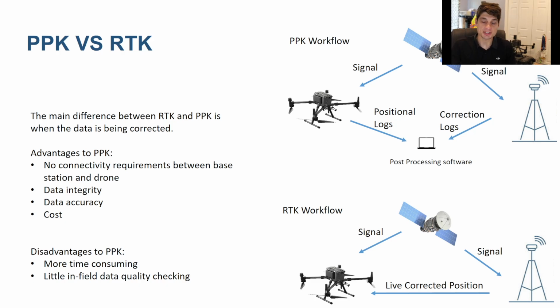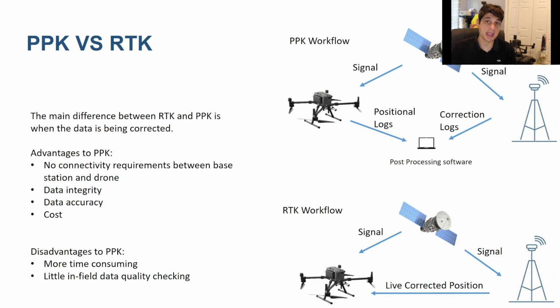Well, you can see on the right-hand side here a walkthrough of PPK and RTK, where in PPK, you're going to have the drone connected to satellite as well as a corrections device. That may be a CORS network that you're able to download log data from.